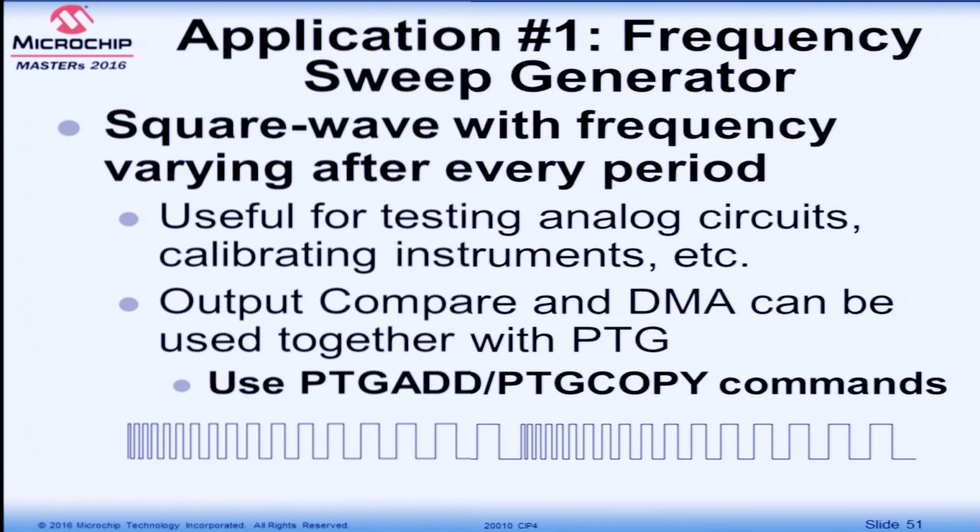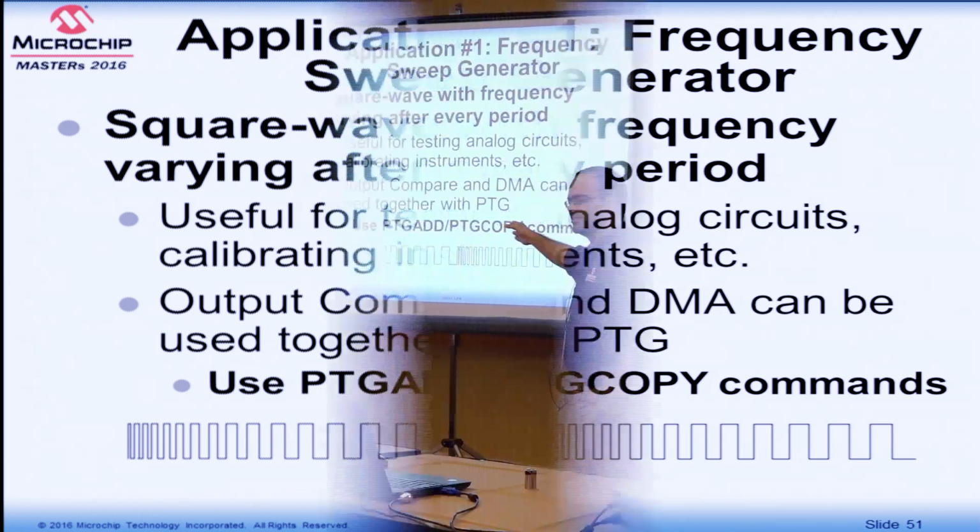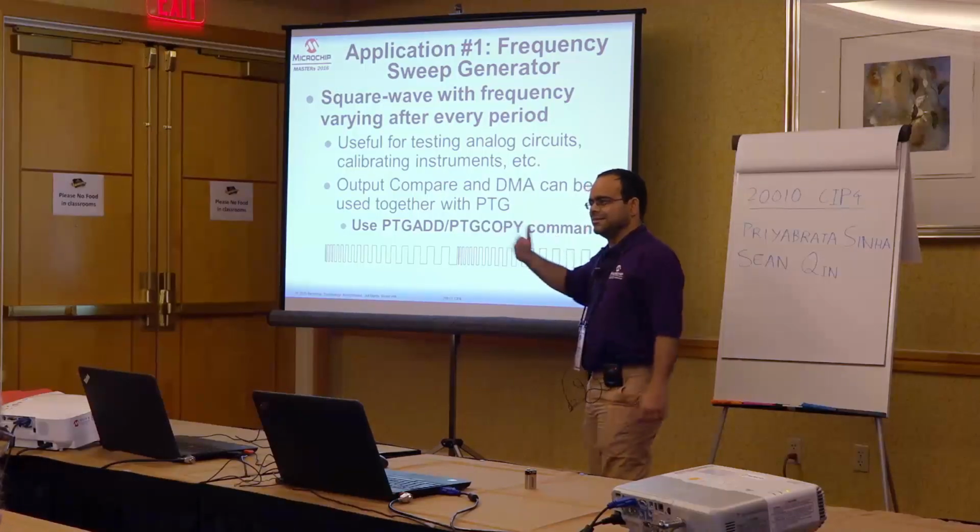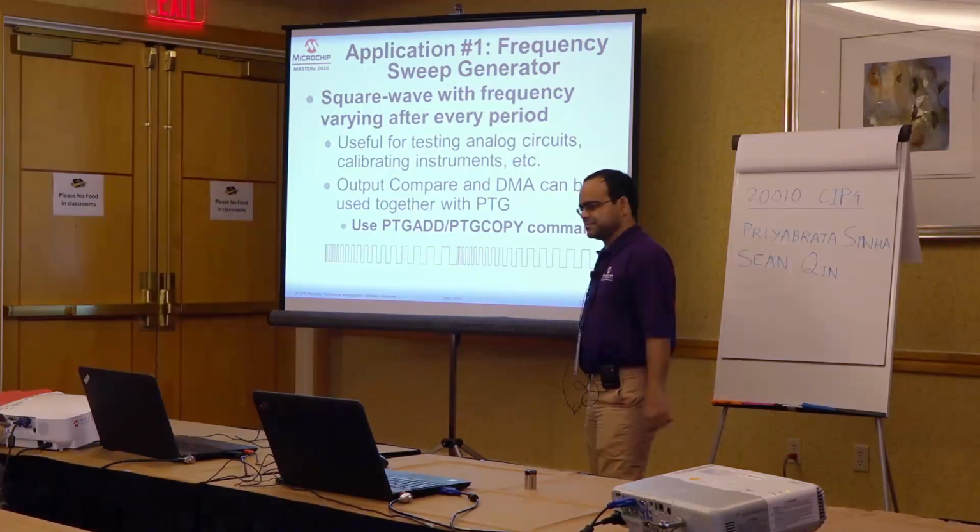But in the application we'll look at today, which is what we have used in the app note, you basically use the PTG with a simple IO pin. So the PTG would generate an interrupt request and the CPU would toggle an IO pin. But the main role that PTG is playing here is to update the frequency, or the period, of that pulse consecutively. Right.